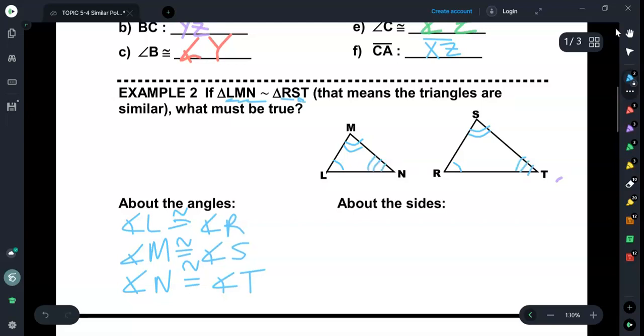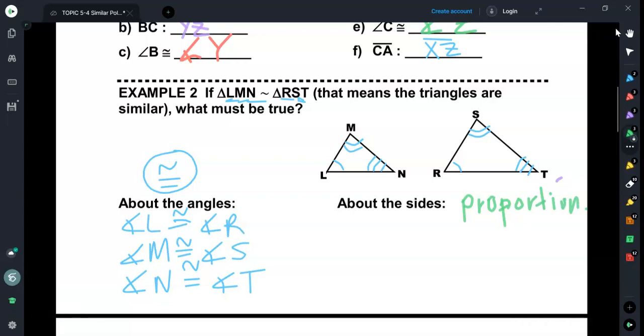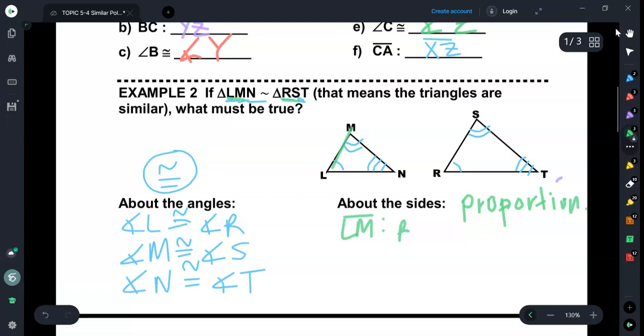So I've just matched up the congruent angles, because remember, the angles are congruent, but the sides are not. Remember, the sides are not congruent. They are proportional. They have matching ratios. So I'm going to put proportional there. So LM and RS have to be proportional. So LM matches up with RS.